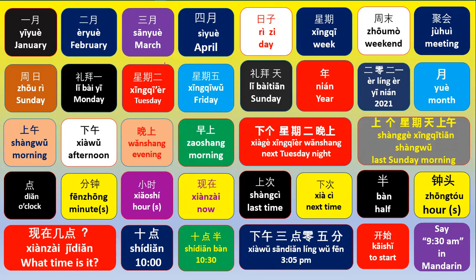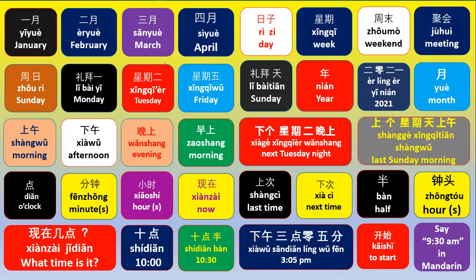May. 5月, very good. June. 6月, very good. July. 7月, that's correct.